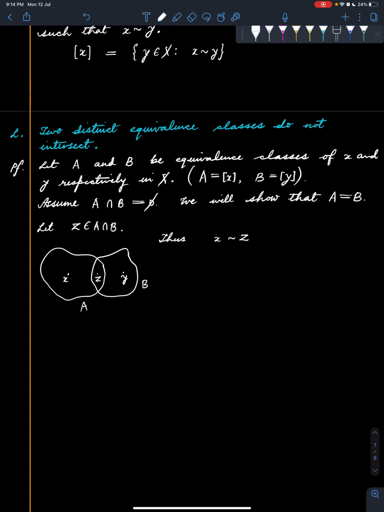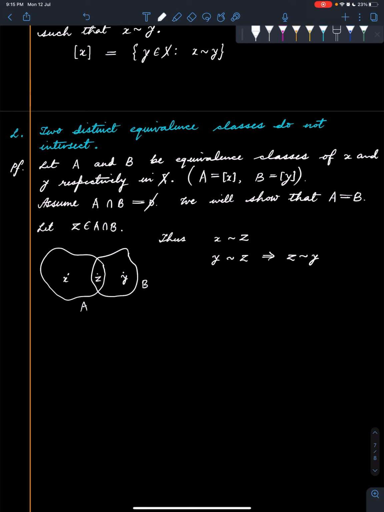And since Z is in the equivalence class of Y, we also have this, but by symmetry we have Z tilde Y also.